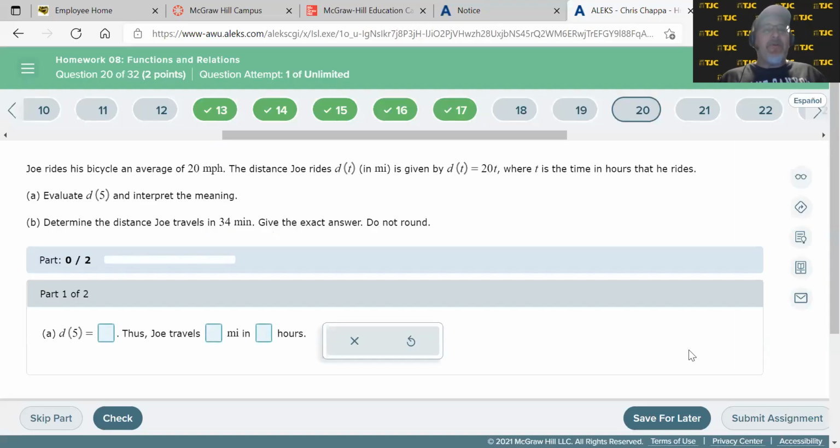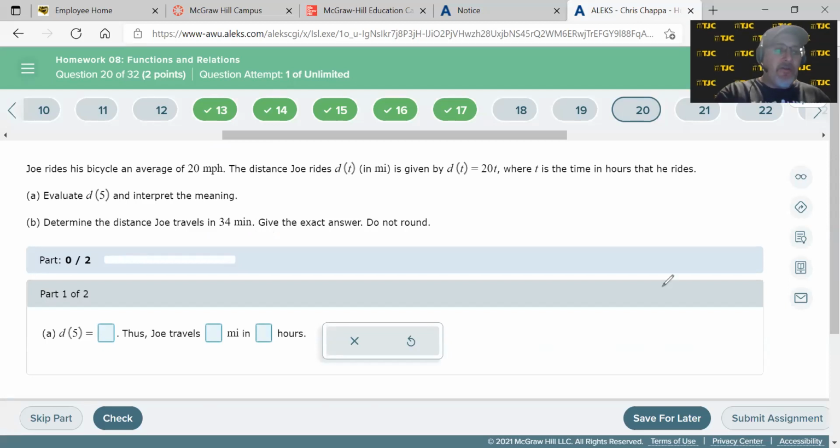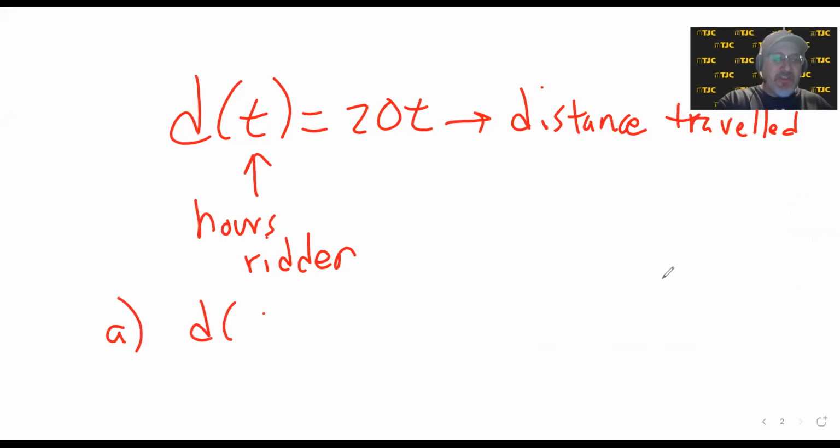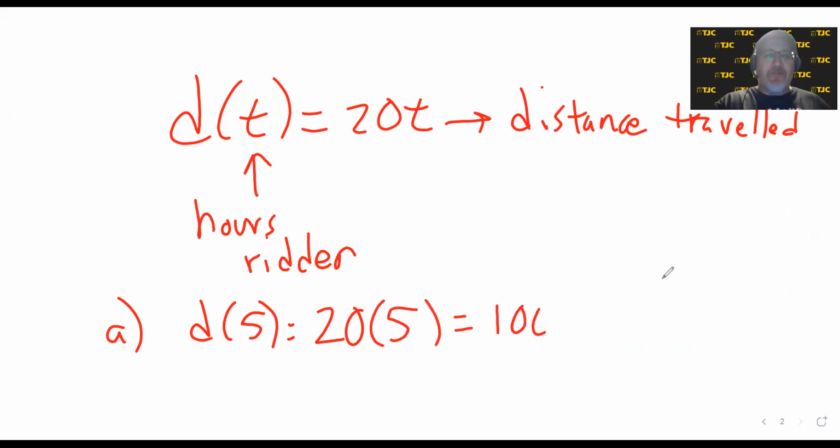On A, it says evaluate d of 5 and interpret the meaning. Well, evaluating d of 5 is easy. Our function says, give me a number and I'll multiply it by 20. We could also use the gimmick where we replace the t with parentheses and then just fill it in with whatever's over there. 20 times 5 is 100.